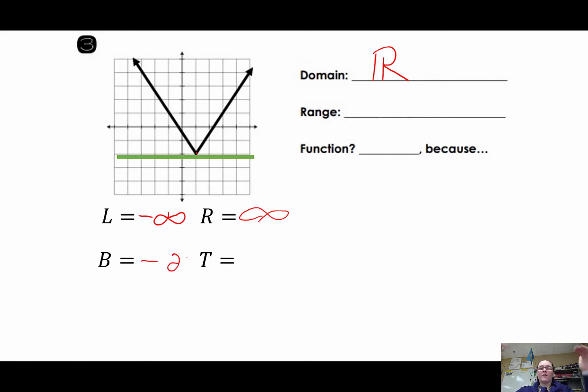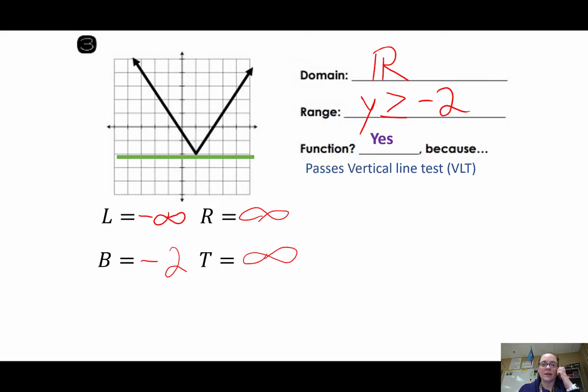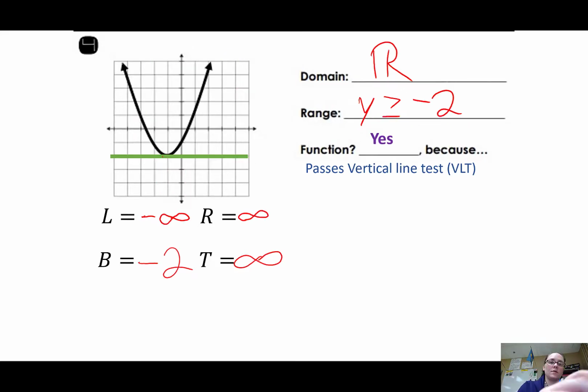But the top of my graph, if I keep going up, it's going to keep going up, right? So that goes on to infinity. Okay, so in this one, y is greater than or equal to -2. Now, is this a function? Okay, yes it is. And we do pass the vertical line test. If I draw a vertical line at any given point, I'm only hitting one spot.